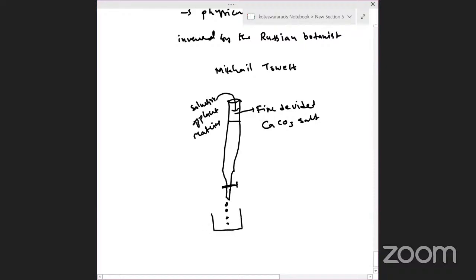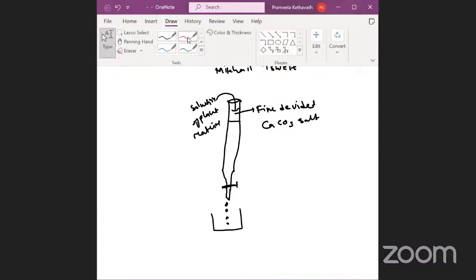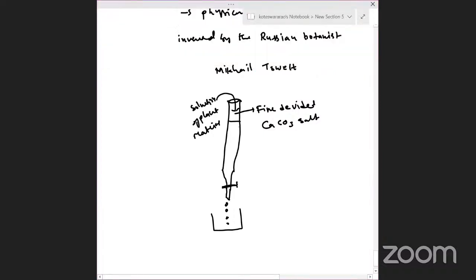Whatever components are present in the plant material appear as color bands.